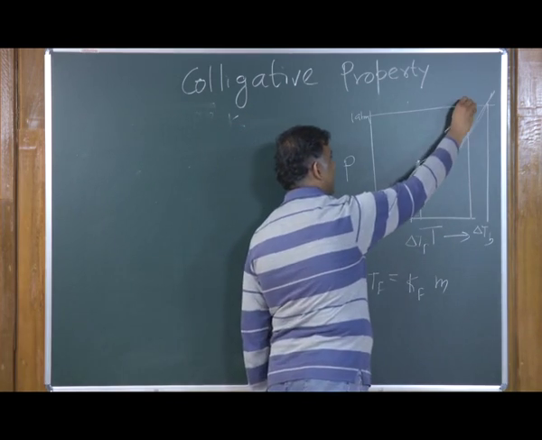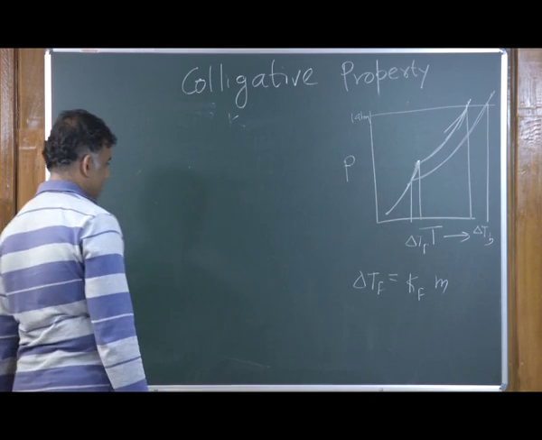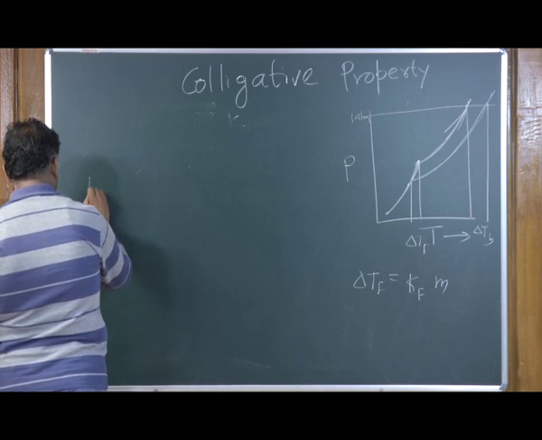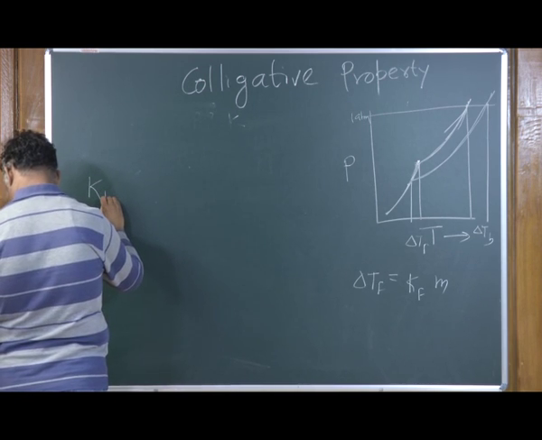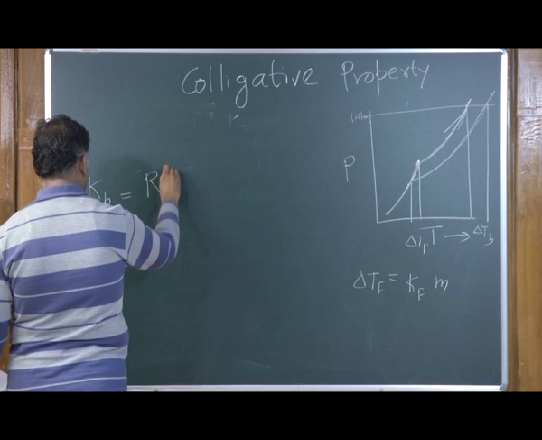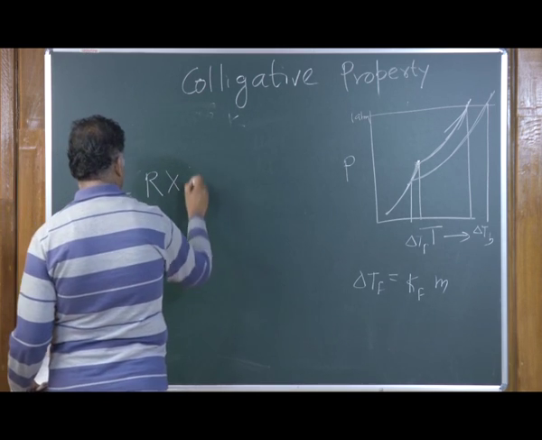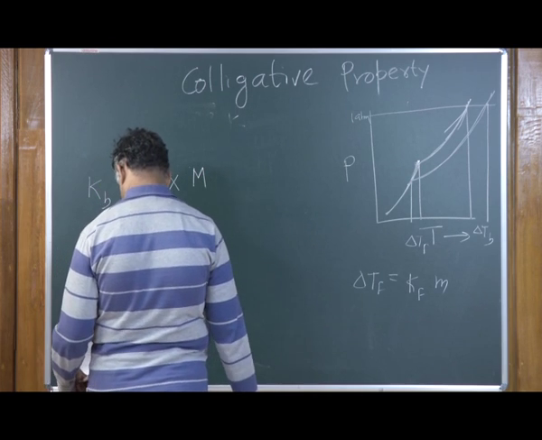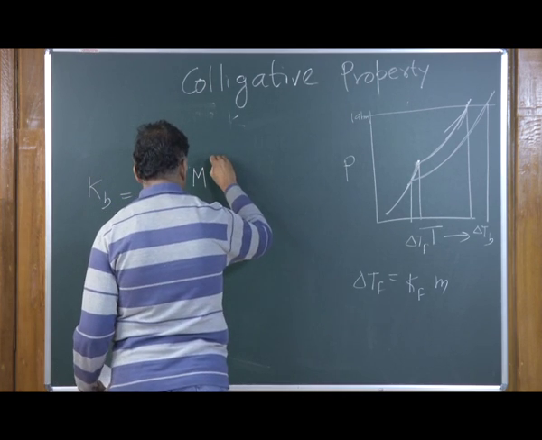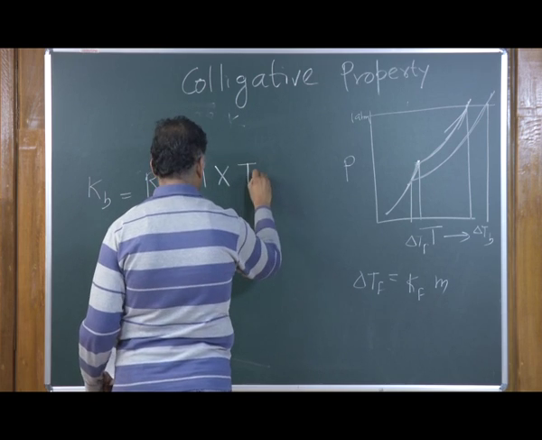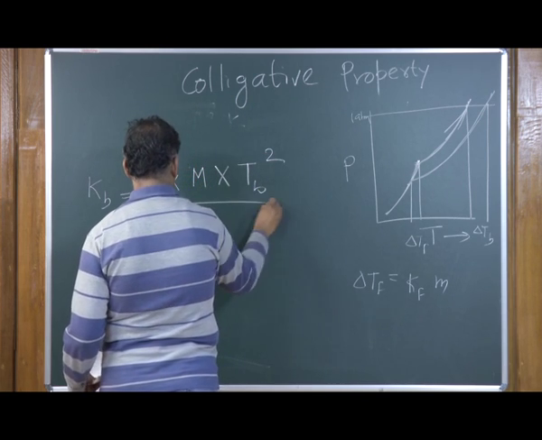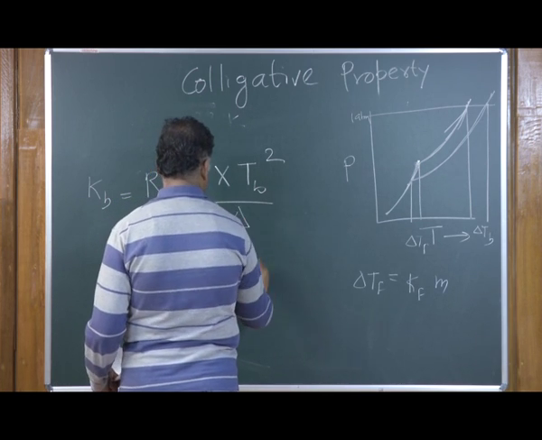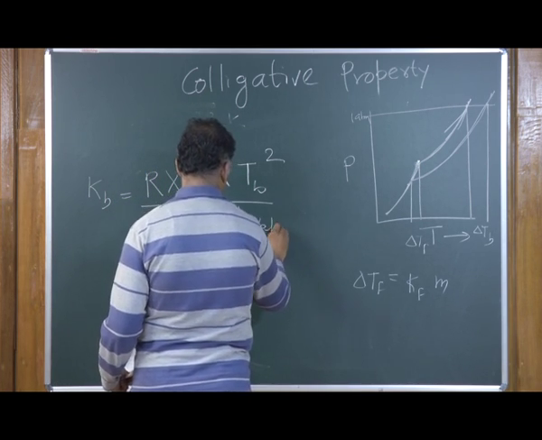Curvature of this curve will depend upon the enthalpy of vaporization, and Kb and Kf have formulas. Kb can be written as gas constant multiplied by molecular weight of solvent multiplied by boiling point squared divided by 1000 multiplied by enthalpy of vaporization.